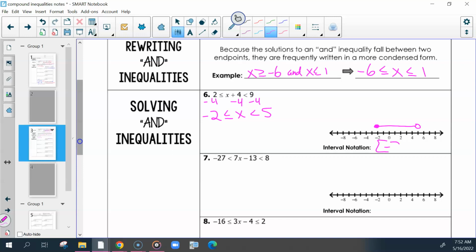Bracket at -2. And 5 would have a parenthesis or a bracket. -2 with a bracket to 5 with a parenthesis. Do we have any questions on that?